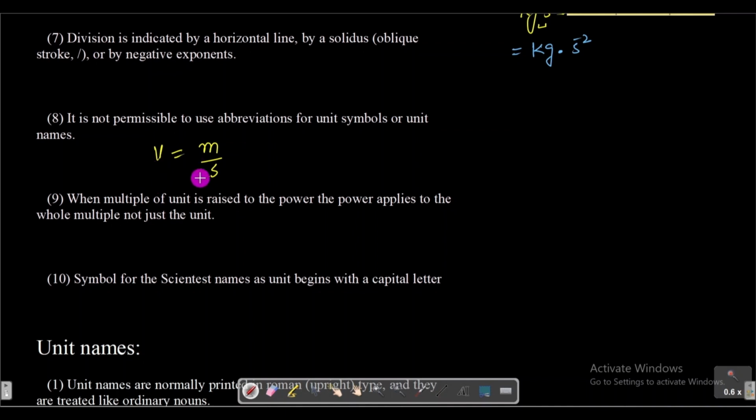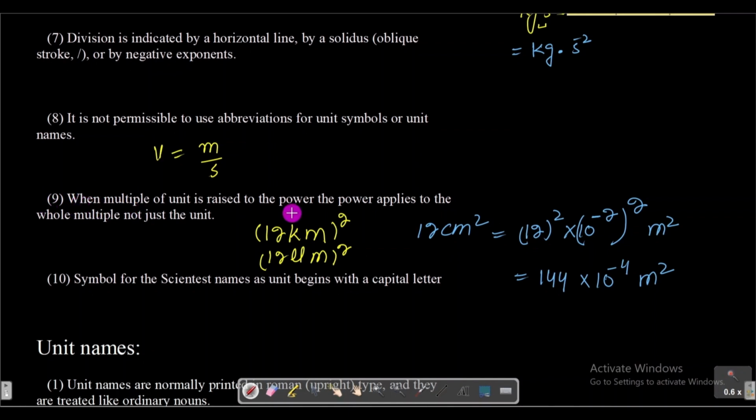Instead, you will use the full name, v is equal to meter per second, not the abbreviation. According to this rule, if the square is present on these multiples or submultiples with the units, then that square will not be on that unit. It will be on the whole magnitude.